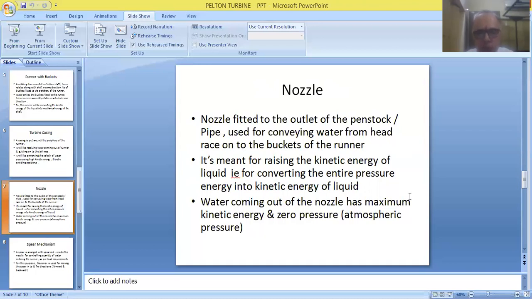That is, it is converting the entire pressure energy into kinetic energy of the liquid. Therefore, the liquid that is coming out of the nozzle will be having maximum amount of kinetic energy and minimum amount of pressure energy, that is referred to as atmospheric pressure.